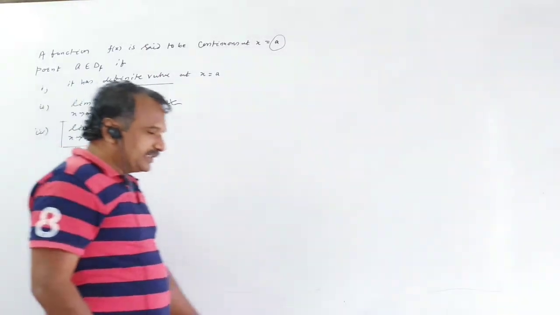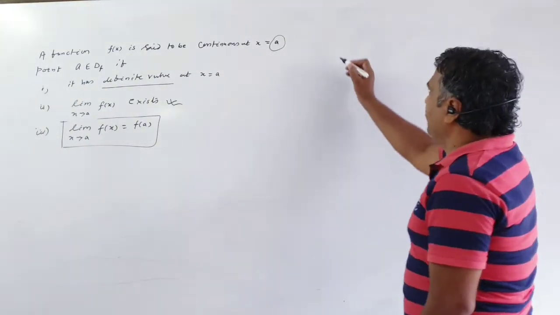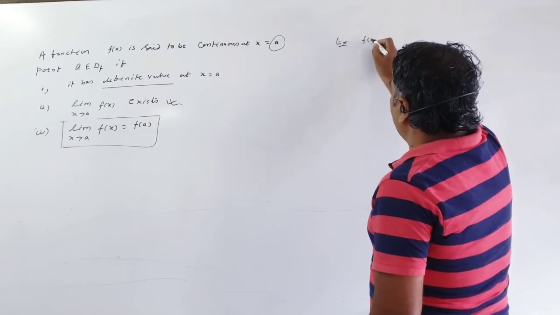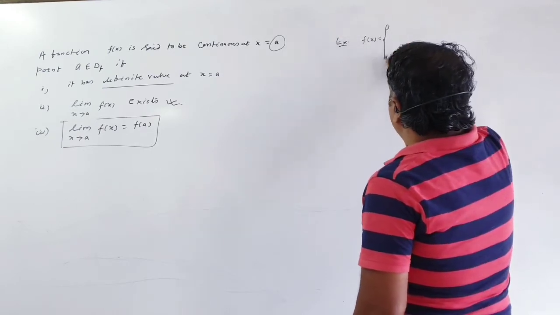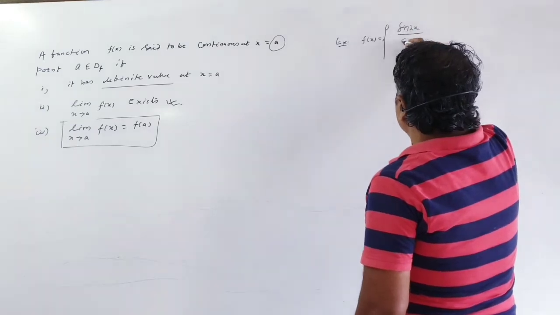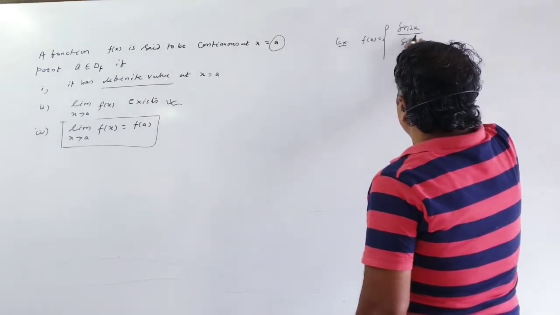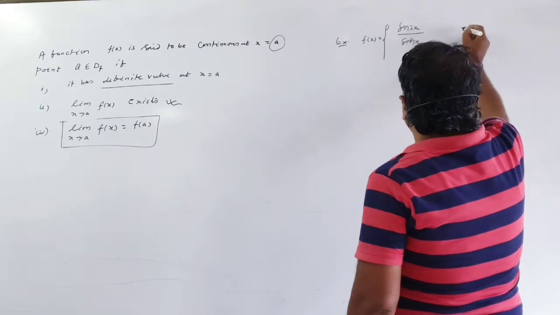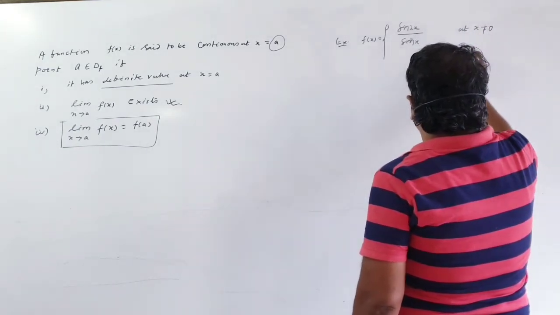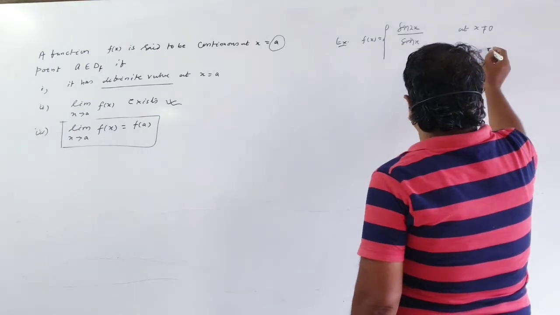Now for example, f of x equal to sin 2x by sin x at x is not equal to 0, and 2 at x equal to 0.